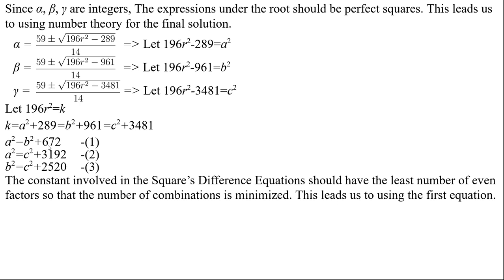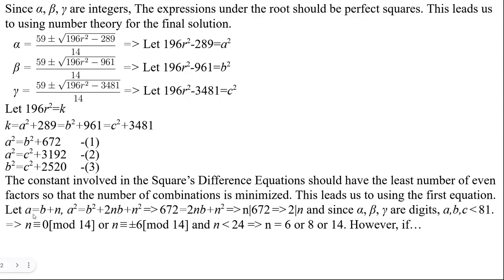And out of here, 672 has the least number of even factors. There's a formula for that. You take the number of the power of 2 in that number and then multiply it with the power of 3's plus 1 plus the power of 5 plus 1, and so on, every prime.